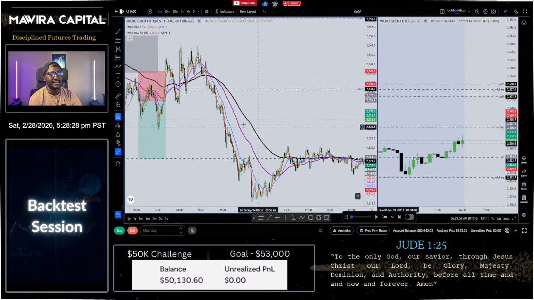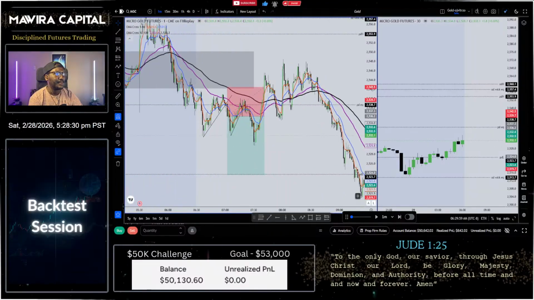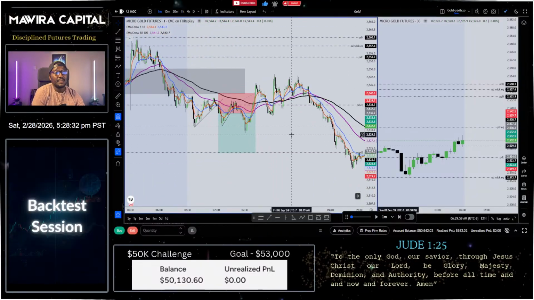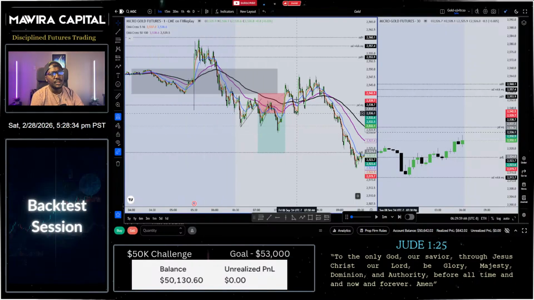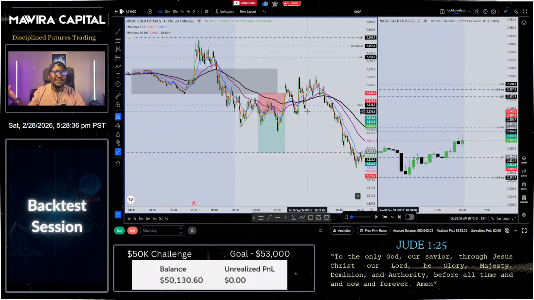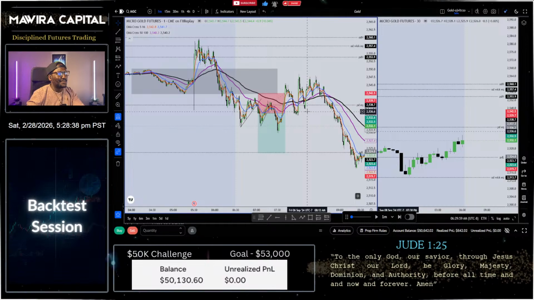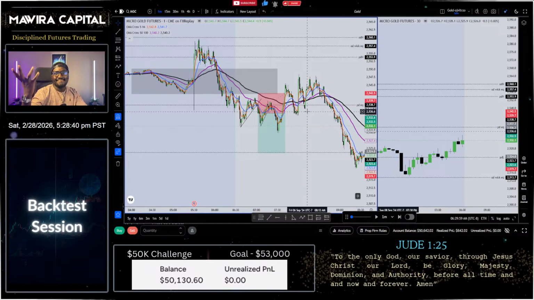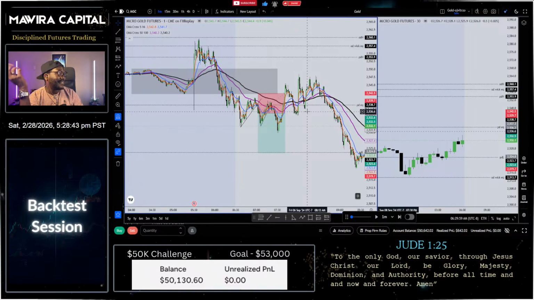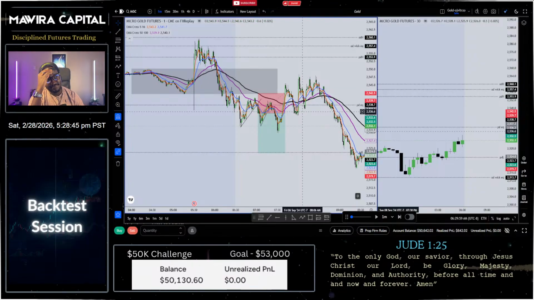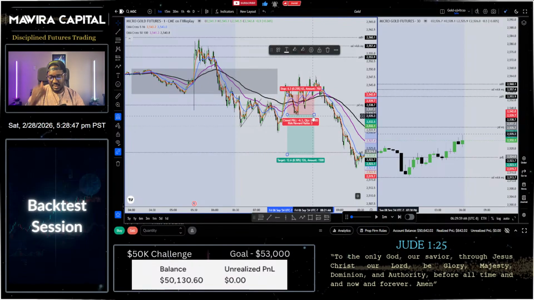It just didn't go to that level when I wanted it, when I was thinking it would. So again, everything was good. The bias is right, the goal is right, but price will still do what it needs to do.